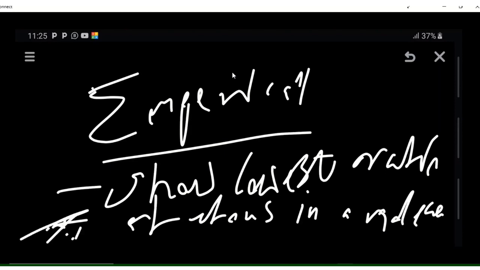That's the empirical formula. It is based on mole ratio.